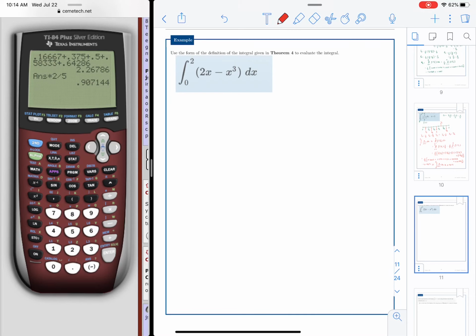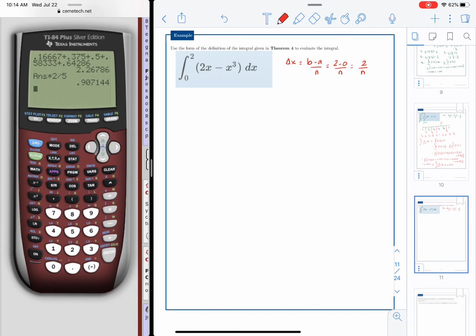It's pretty much giving us the definition of the Riemann integral, using the Riemann sum to come up with the value of the integral. So first we've got to find delta x. So delta x is simply 2 minus 0 divided by n. So we simply have 2 over n.